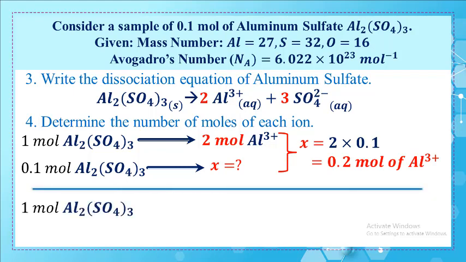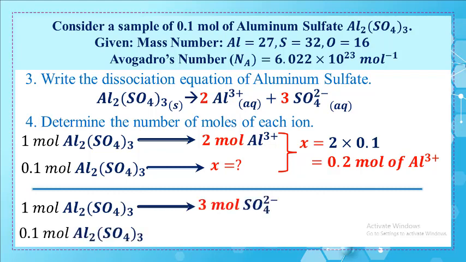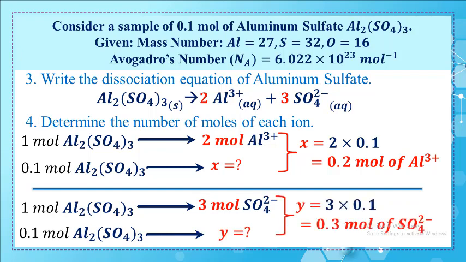Each 1 mole of aluminum sulfate contains 3 moles sulfate ions. So we can know the number of moles of sulfate ions present in 0.1 mole of aluminum sulfate. Then 3 times 0.1 equals 0.3 moles of sulfate ion.